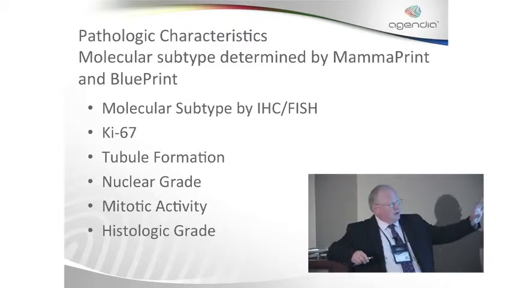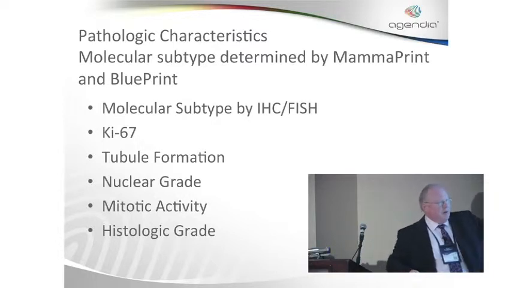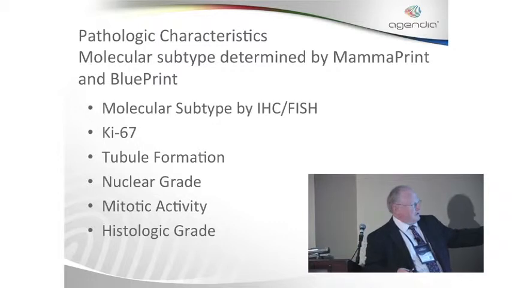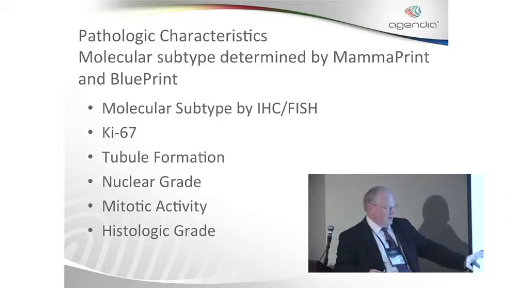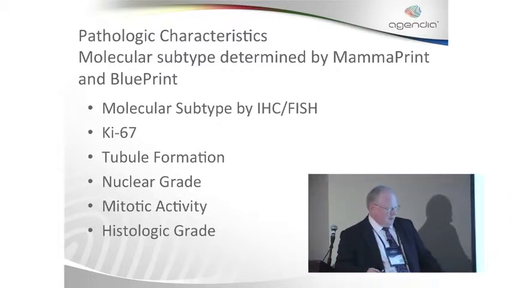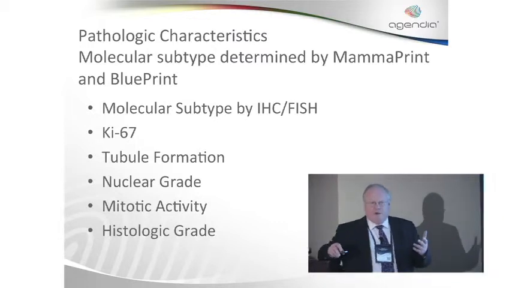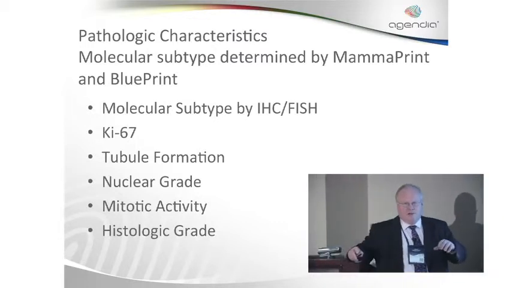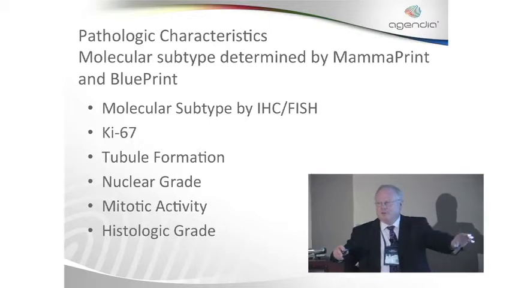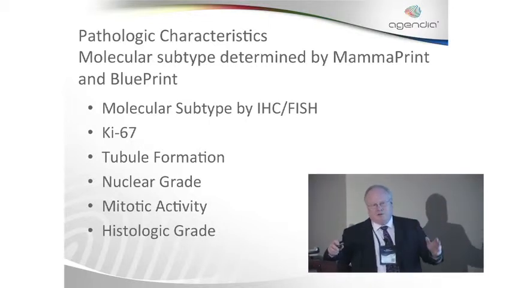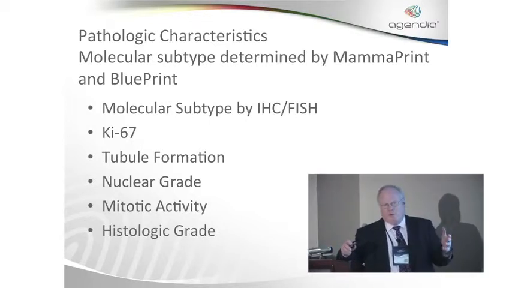They looked at molecular subtyping by comparing it with IHC and FISH. They looked at Ki67, tubule formation, nuclear grade, mitotic activity, and histologic grade. It's very interesting how those standards, used for the last 50 years, carry forward.